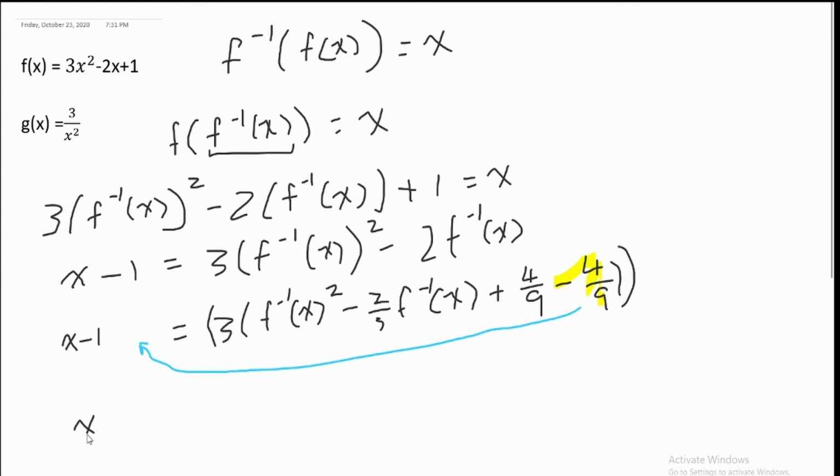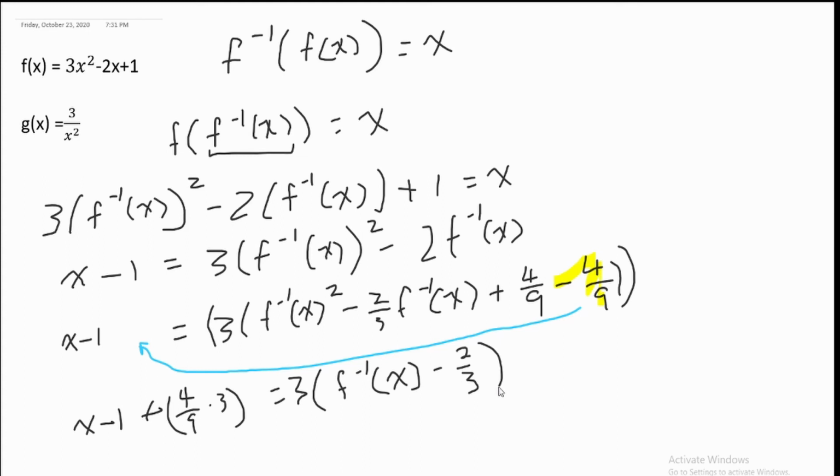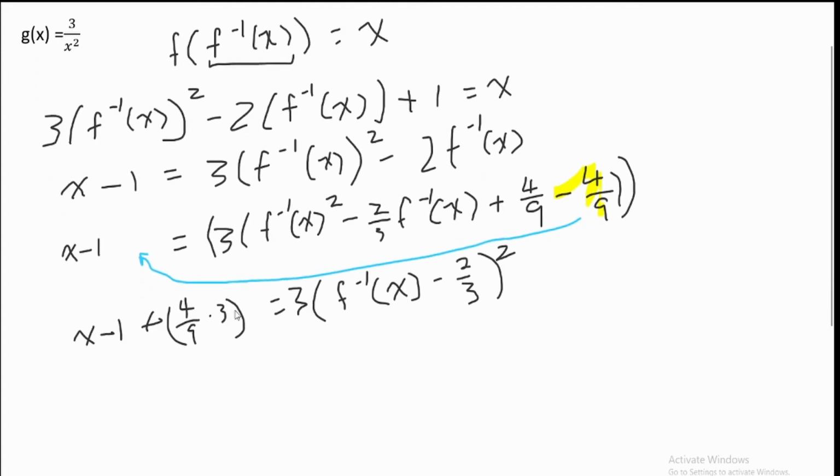So we have x minus 1 plus 4 divided by 9 times 3, this part times 3, equals 3, well, we can put 3 here, f of -1 x minus 2 over 3 squared, right?